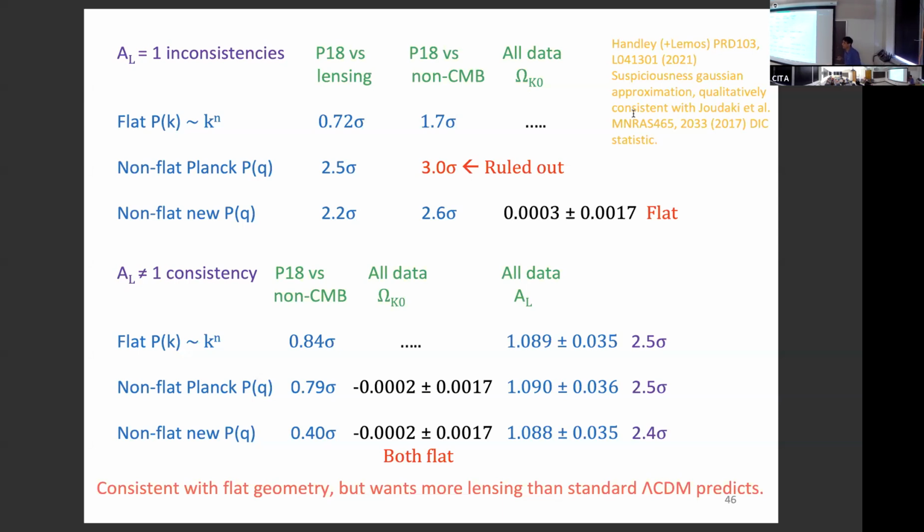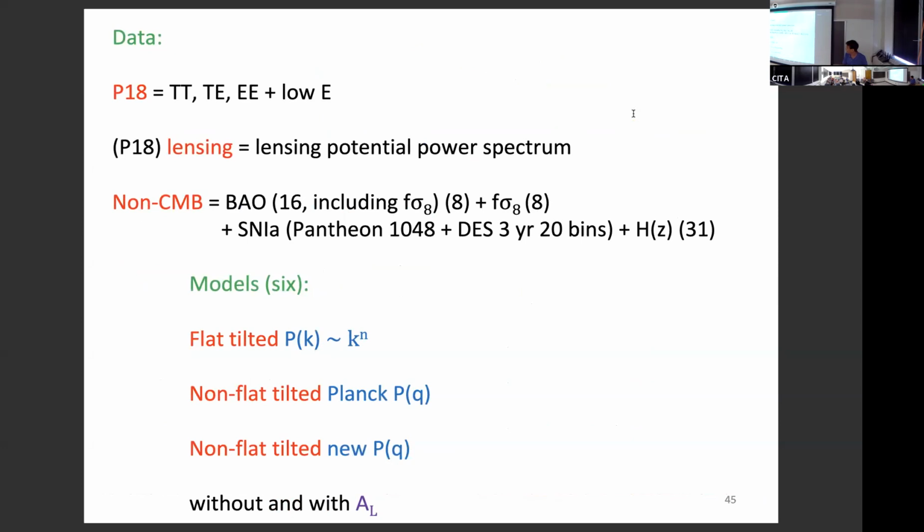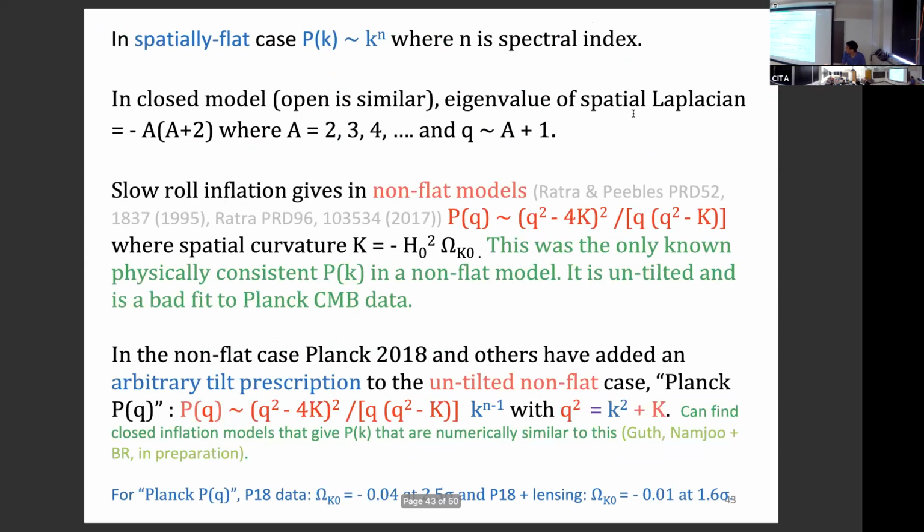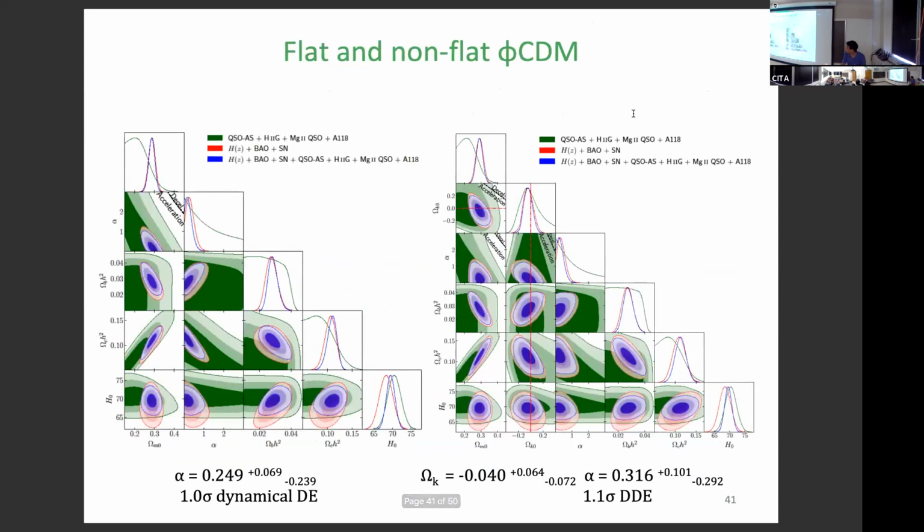And it's not that the non-CMB data are favoring a flat geometry. That's kind of interesting, because if you go back and look at what non-CMB data I've used here relative to the previous analysis, where I showed you that they were favoring a flat geometry, I'm now including f sigma 8, and I'm also excluding the quasar angular size, the starburst galaxies, the reverberation measured Mg II, and the GRBs.